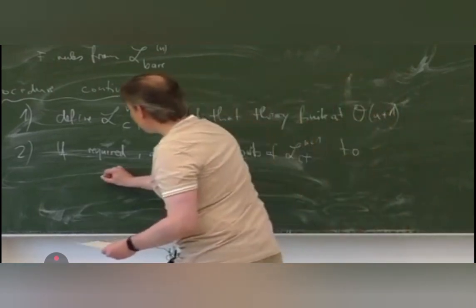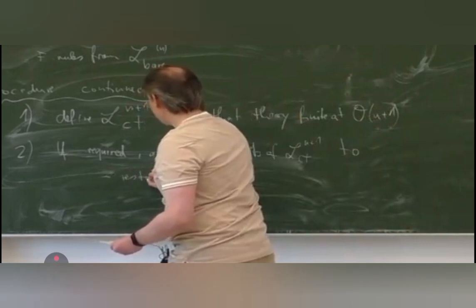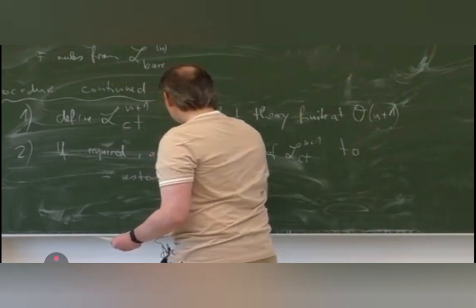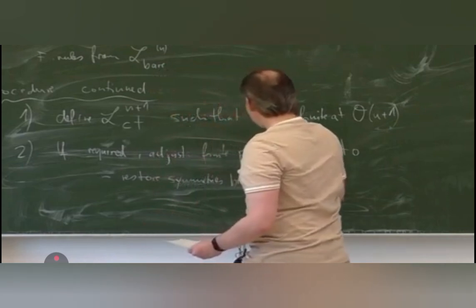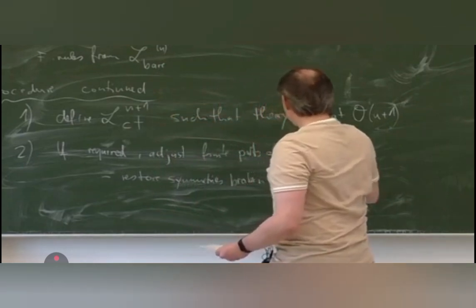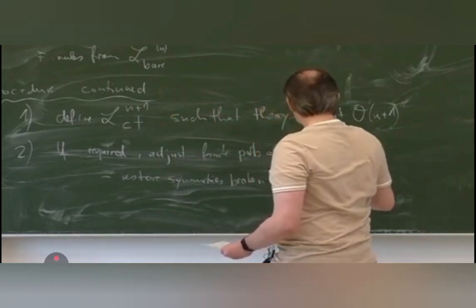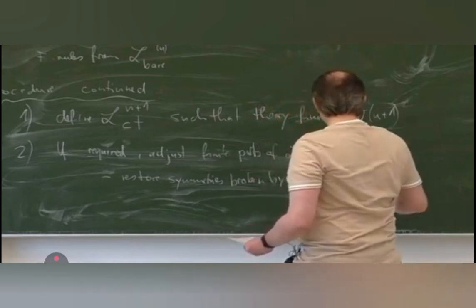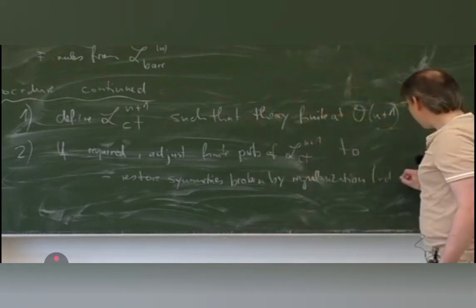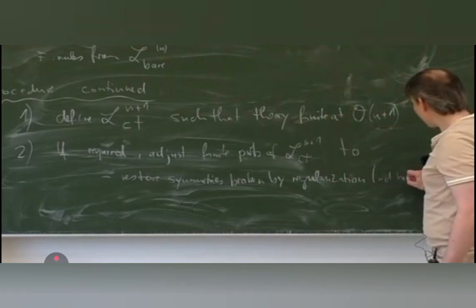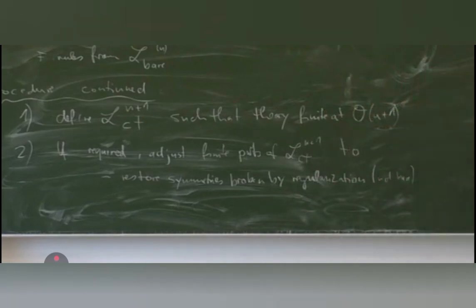Namely, the first purpose is to restore symmetries which may be broken by the regularization. And this sometimes happens, and it will not happen probably in this lecture. So in our lecture we will not need this here.